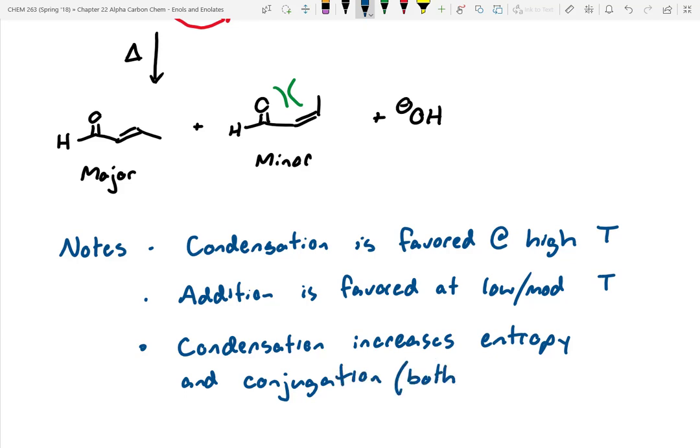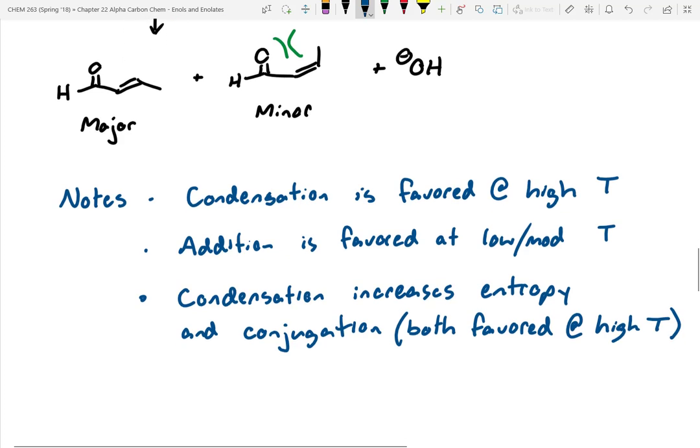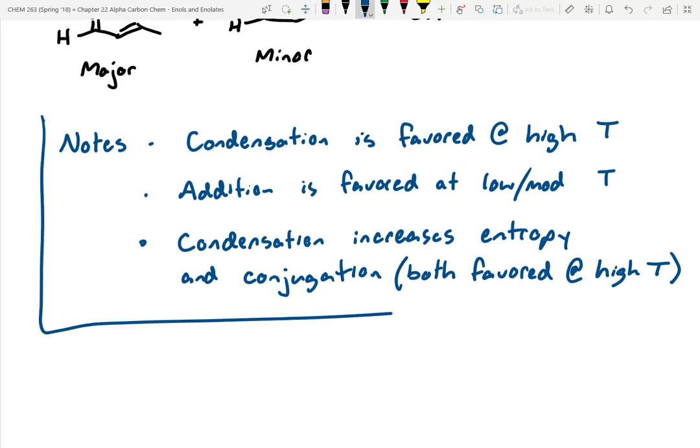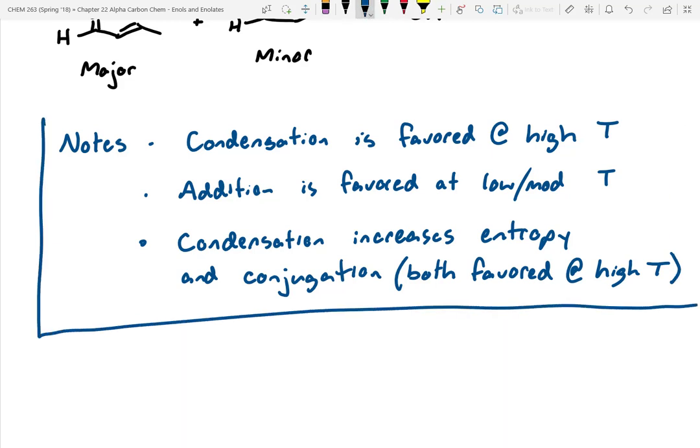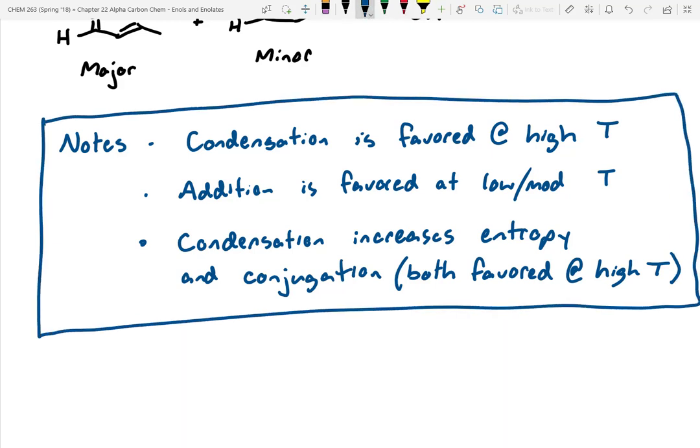Both favored at high T. Does that make sense? There are two very, very similar reactions. Condensation is just what occurs if you run it under high temperature conditions. Typically, it's still really only seen with aldehydes because in order to get to that aldol addition product, you really need an aldehyde for it to be favored.